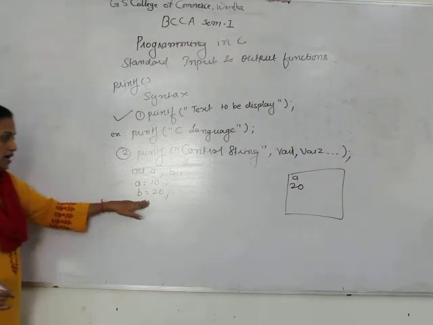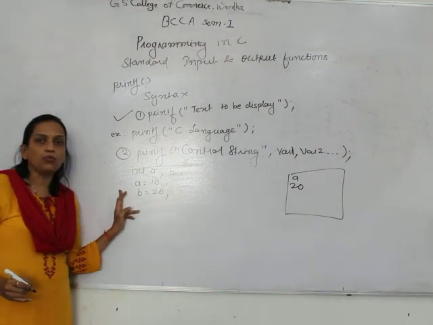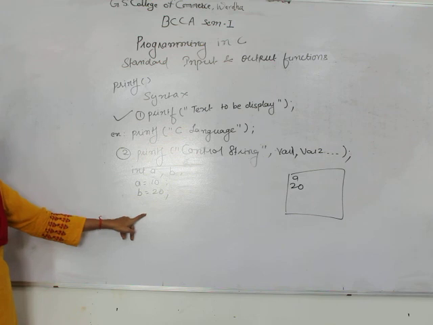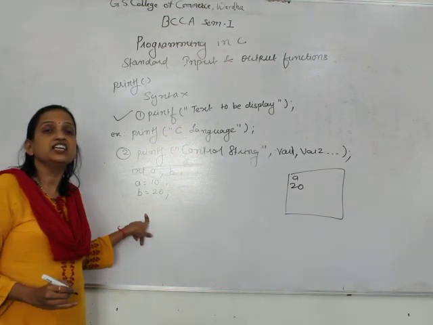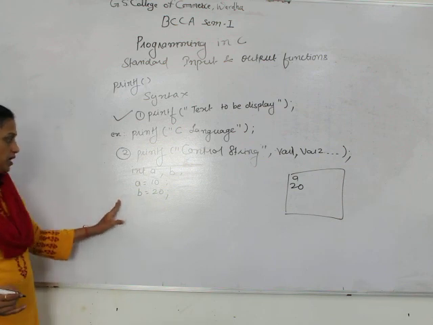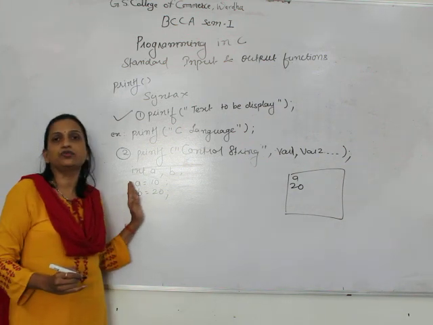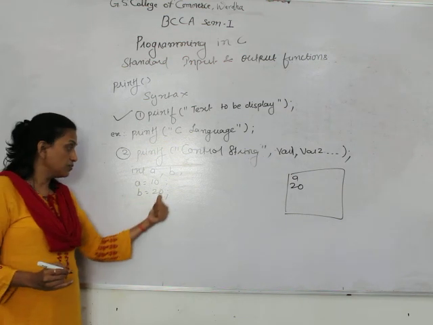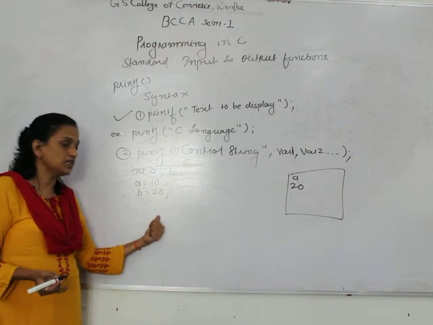This is assigning the value by using the assignment operator, which is also known as initialization. You initialize the value to the variable. If you do not initialize the value, you cannot process the variable. That means you cannot do processing on this data.